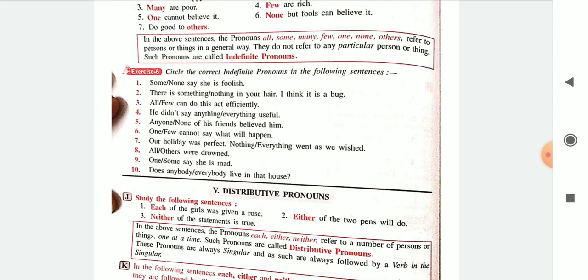Few can do this act efficiently. Few. The fourth one. He didn't say anything useful. Anything. I hope you've got the understanding by now. You can do the rest of the sentences on your own. So that is the meaning of indefinite pronouns.